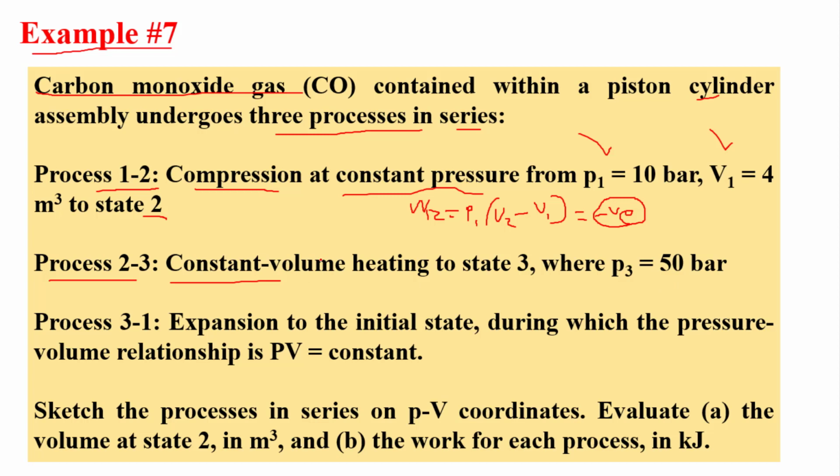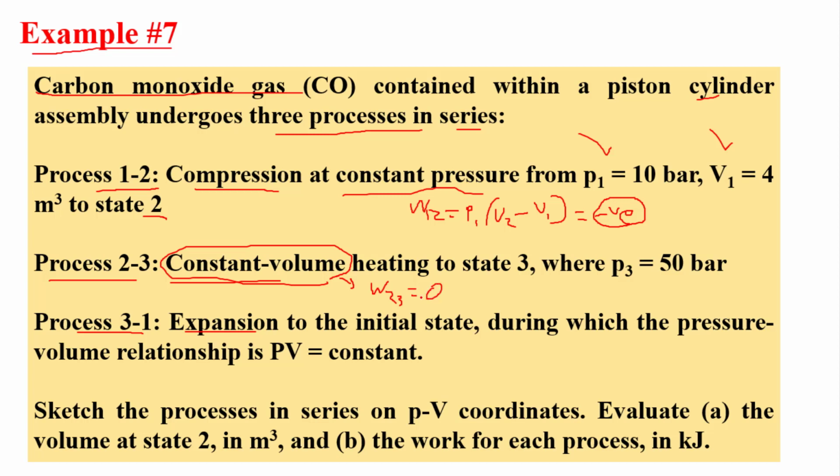So V2 is unknown and V3 is also not known. Process 3 to 1, expansion. What we'll have is work 2 to 3 equal to 0.